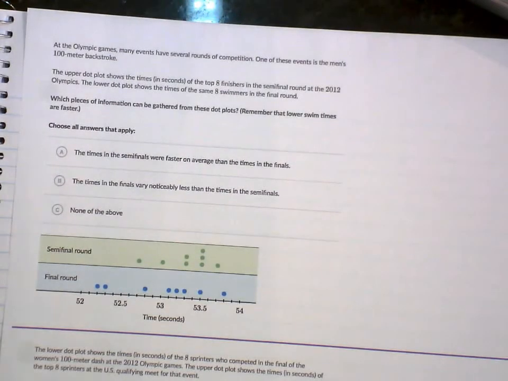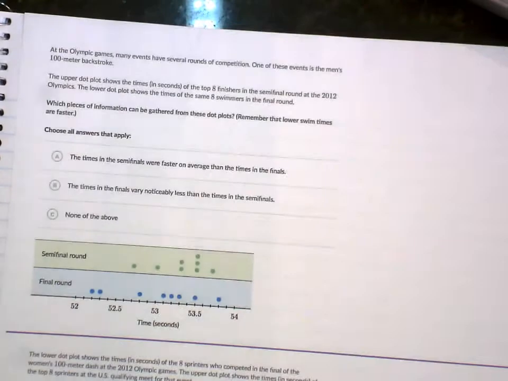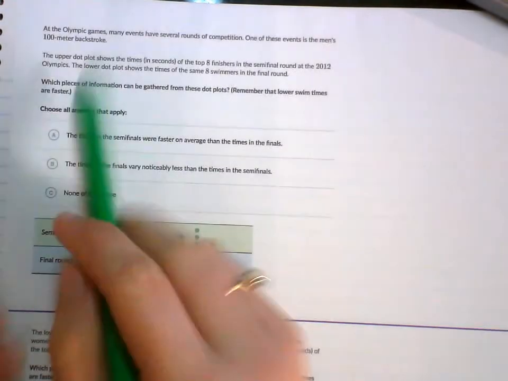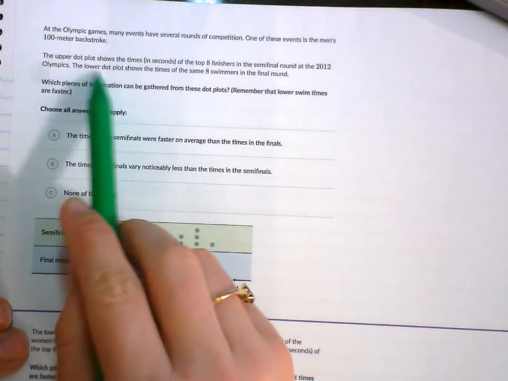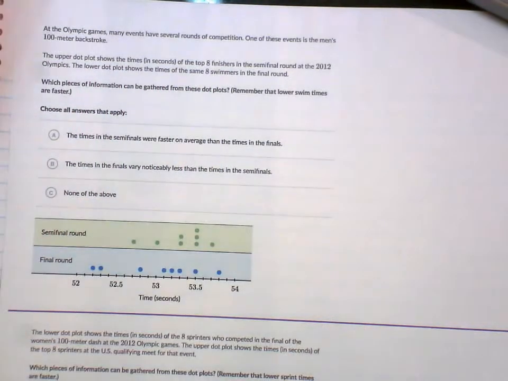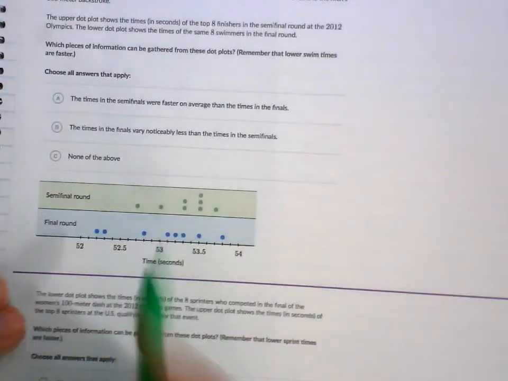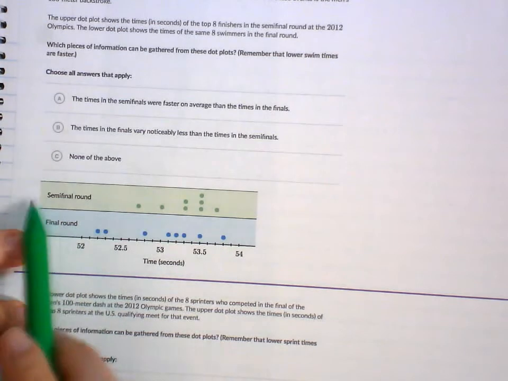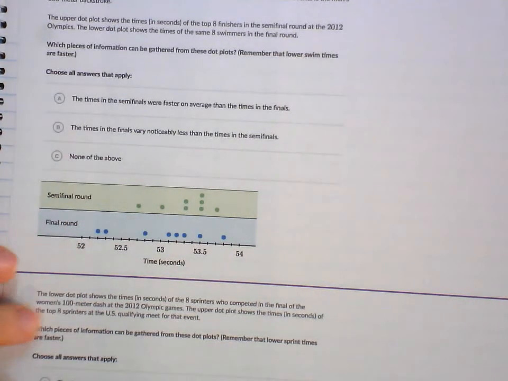The dot plot shows the times in seconds of the top 8 finishers in the semifinal round at the 2012 Olympics. The lower dot plot shows the times of the same 8 swimmers in the final round. Okay, so we have the final round for swimmers and we have the semifinal round for the swimmers. It's the same 8 swimmers, it said.